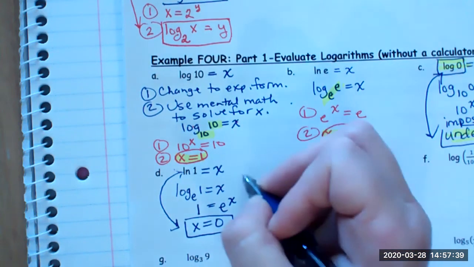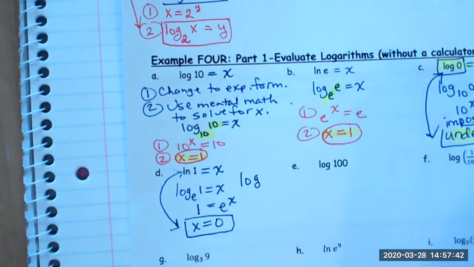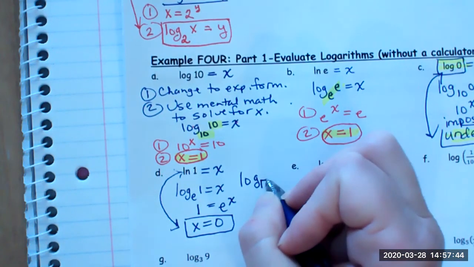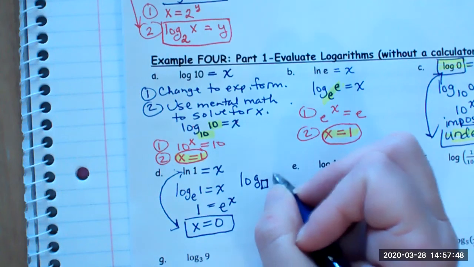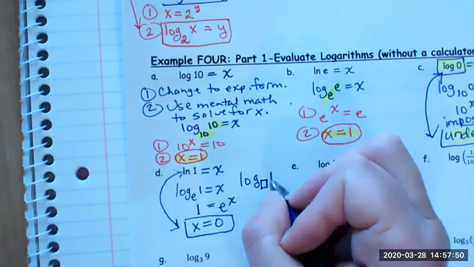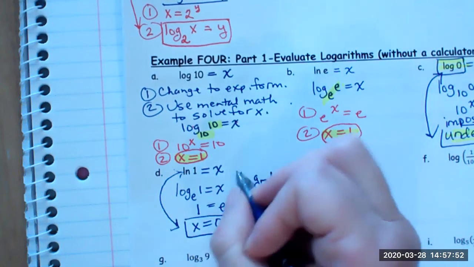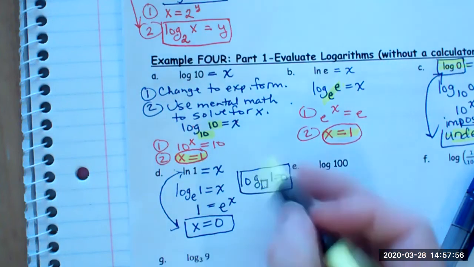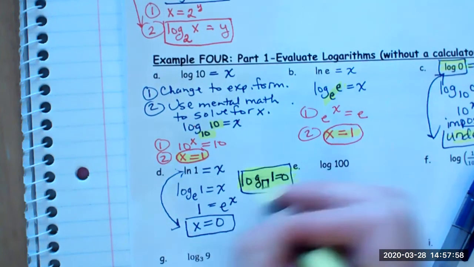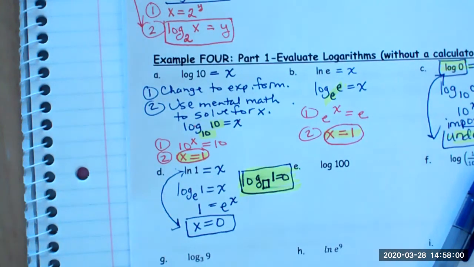So for any base whatsoever, it doesn't matter, the log of 1 is always equal to 0. Okay, and again, that's something you want to definitely take note of. It's something that you might see on your quiz, for example, at the end of the week.